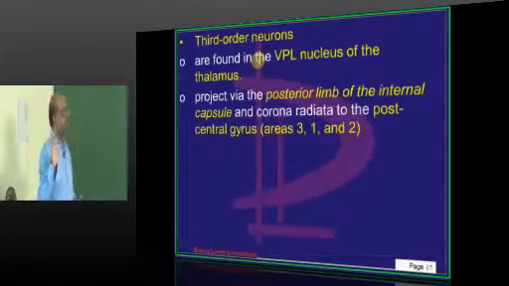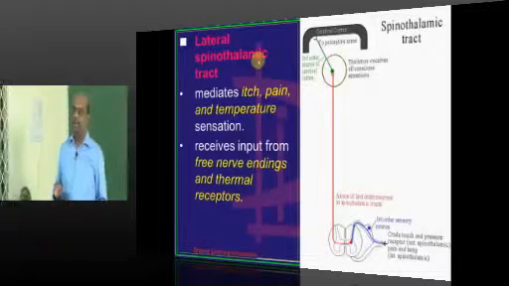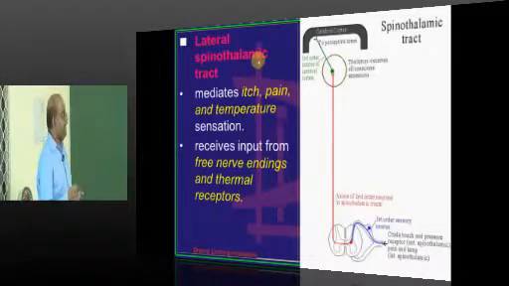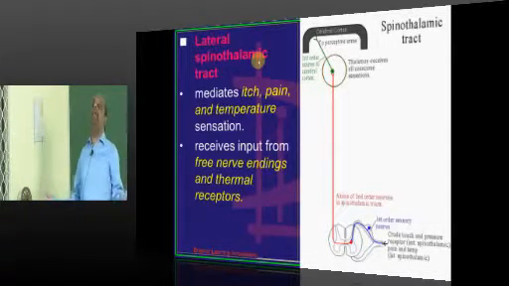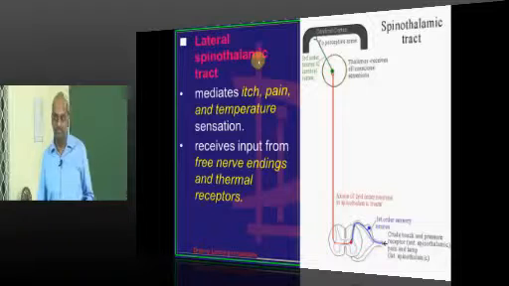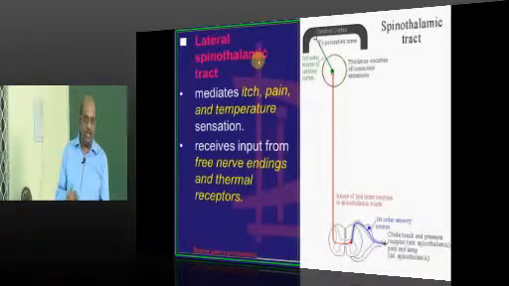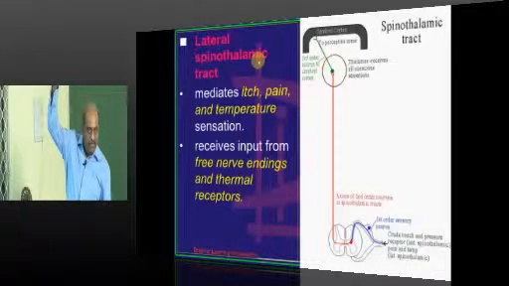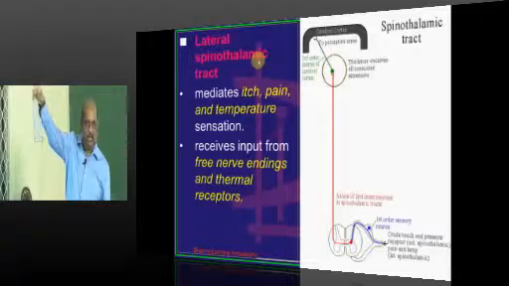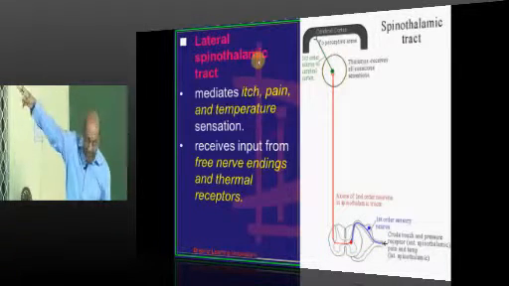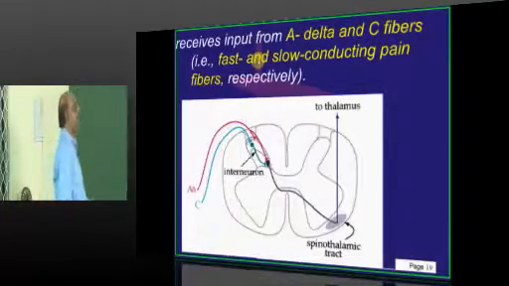Whereas, if you take the lateral spinothalamic tract, the itch, the pain, the temperature, they are carried by the lateral spinothalamic tract. Whereas, light touch, wisp of cotton is equal to ventral spinothalamic tract. Together they form, without ventrolateral, what is the other name given? Anterolateral spinothalamic tract together. So you should know this fine difference.